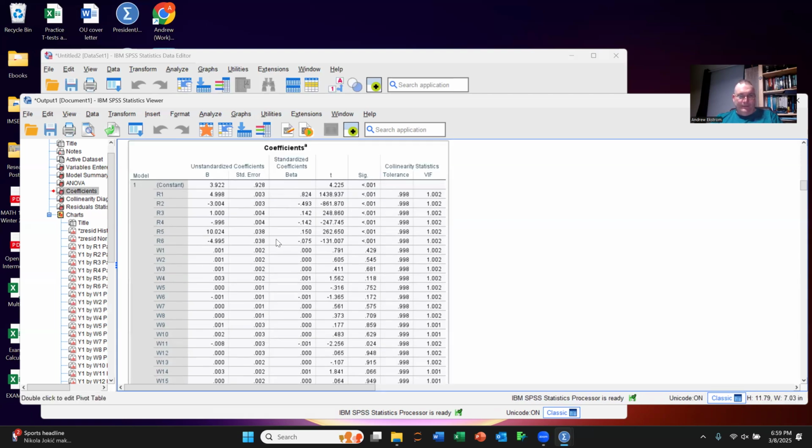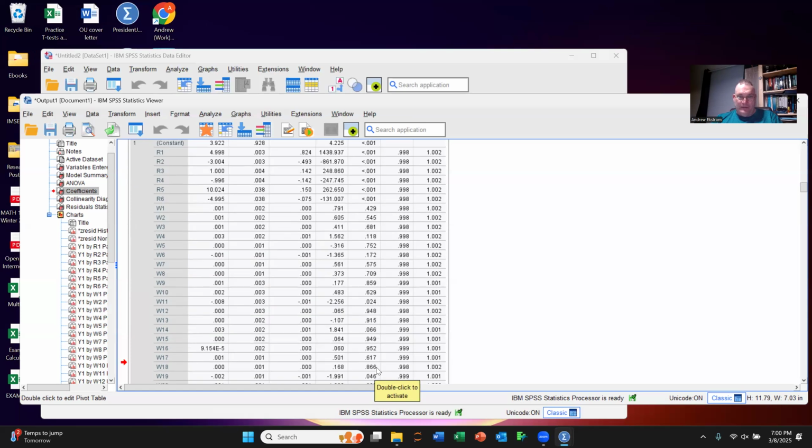Looking at what we've got here, we can see the significance level of all of the R terms is well below 0.01. But some of these other ones, like looking down here, it's W11. Technically, the significance level here is below 0.05. So if we didn't know any better, we'd probably want to add this one into our model, even though it shouldn't be there.